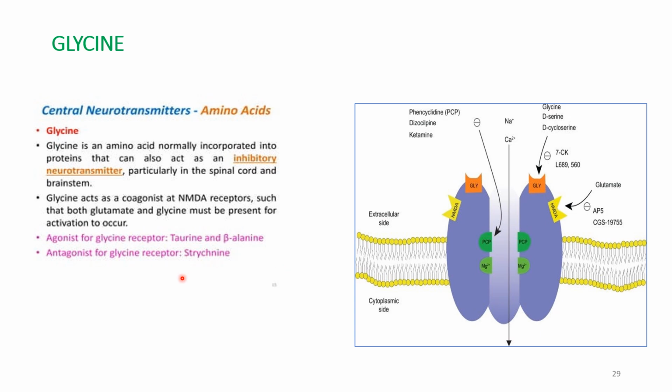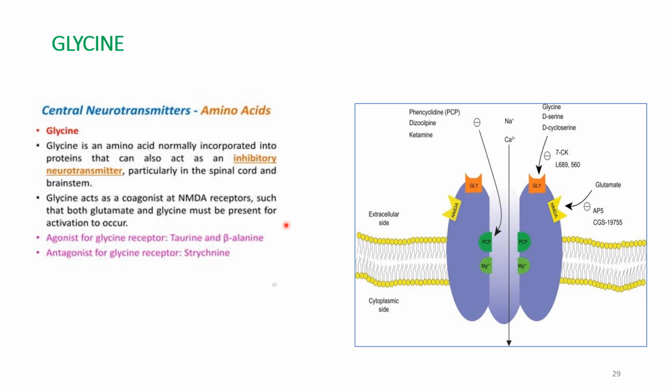Next, coming to glycine. This is also an amino acid neurotransmitter. Glycine is an amino acid normally present in proteins. It is also an inhibitory neurotransmitter, particularly in the brainstem and spinal cord. Glycine acts on NMDA receptors, such that glutamate and glycine must both be present for activation to occur.